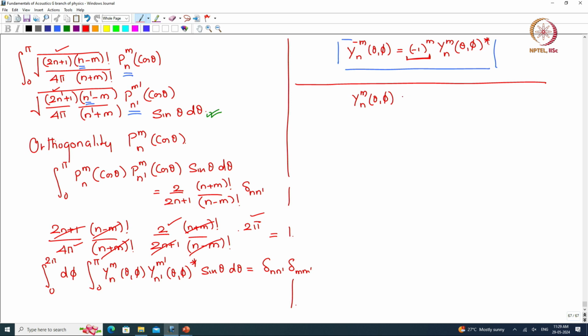For m equal to 0 and n equal to 0, which is Y 0 0 theta comma phi, that's equal to 1 by square root of 4 pi.